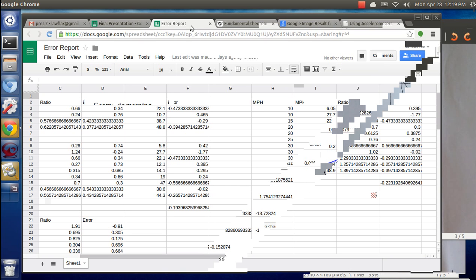Hopefully in the future, as hardware and technology improve, that won't be a problem, and this would be a feasible and accurate means of calculating the speed for athletes. But until such a time, I'll have to say that the error is too great for any real use and purpose for this.